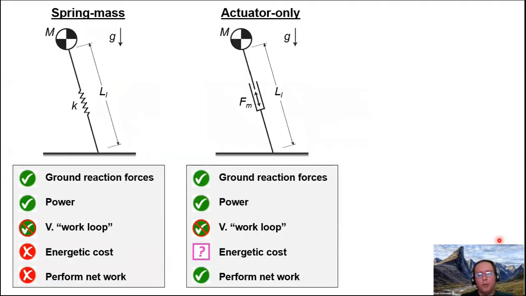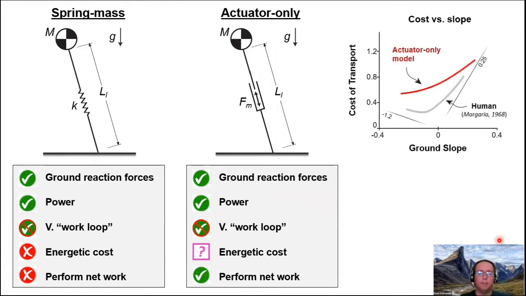Okay, so given that both of these models can do the same thing, so long as they're tuned appropriately, they basically get the same grade for producing ground reaction forces, power, and this vertical work loop. And of course, the actuator-only model can also do net work because it has an actuator. So what about energetic cost?